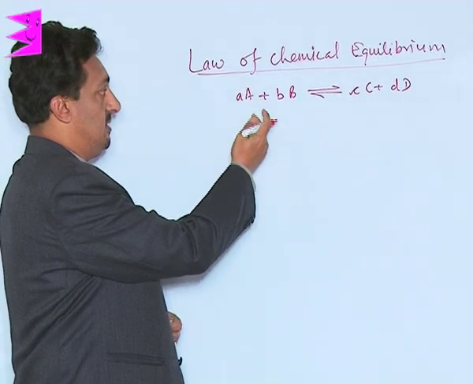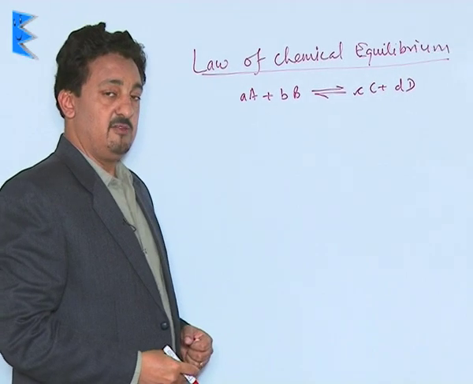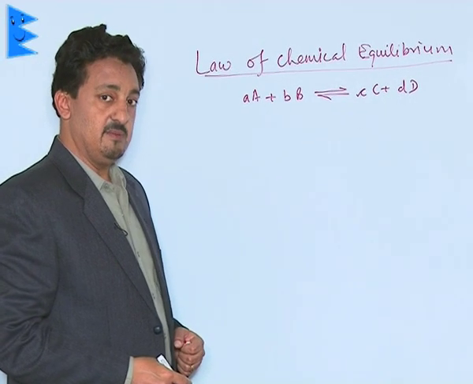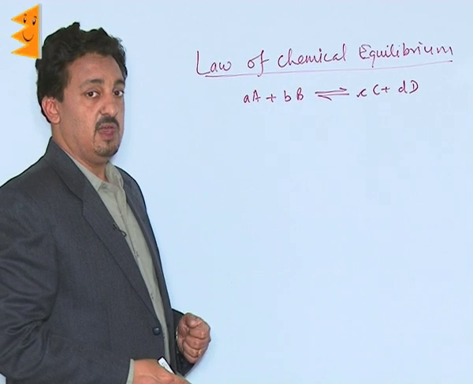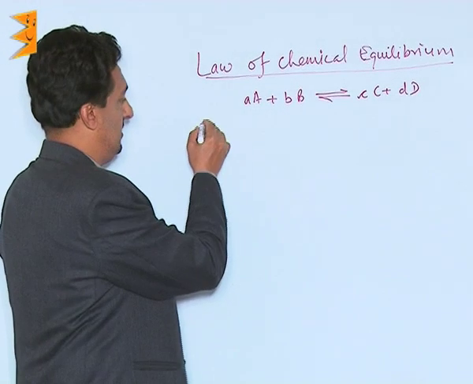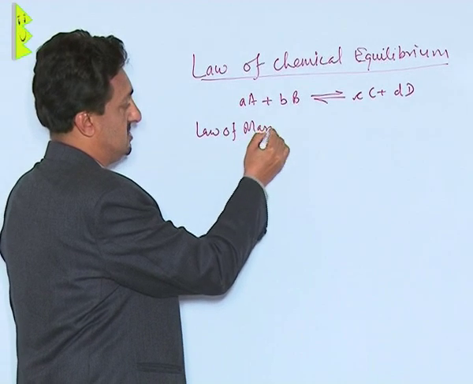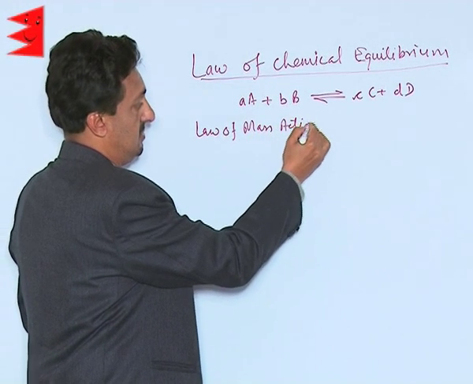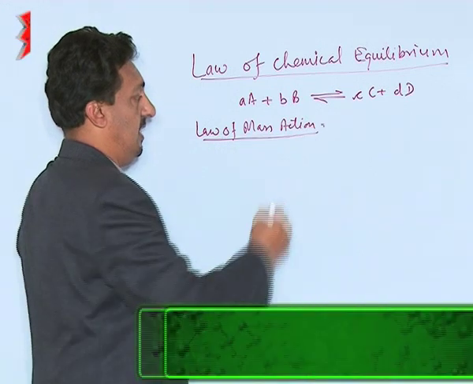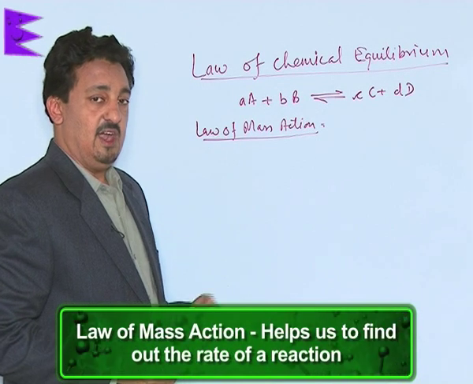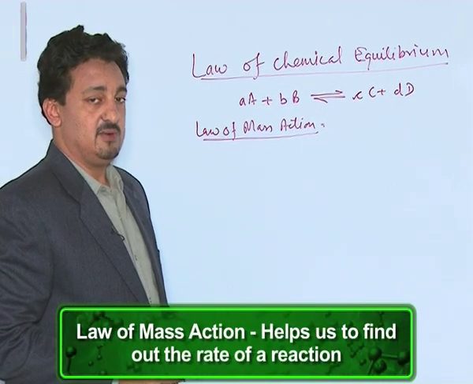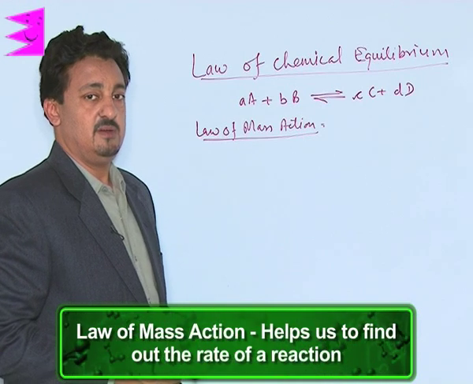To derive the expression for the law of chemical equilibrium, we take the help of another law called the law of mass action. It is the law which helps us to find out the rate of a reaction.